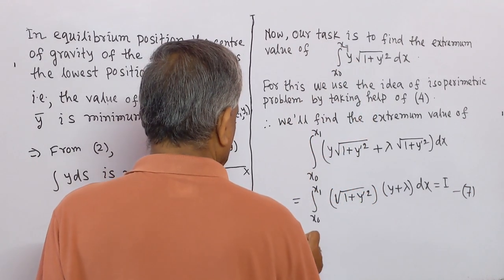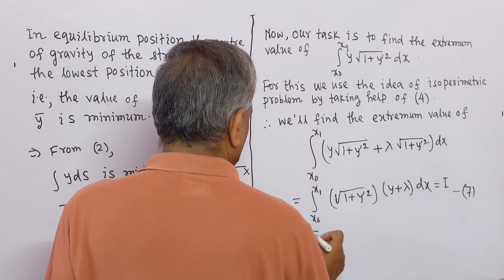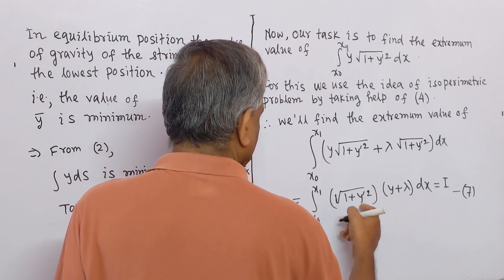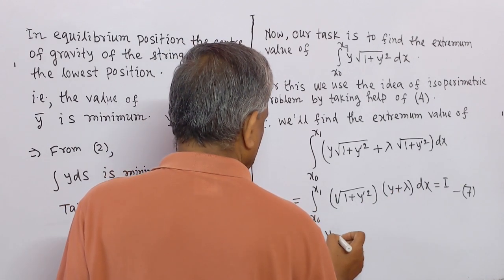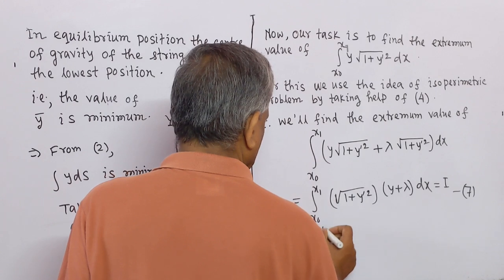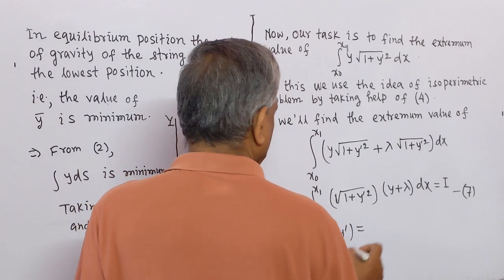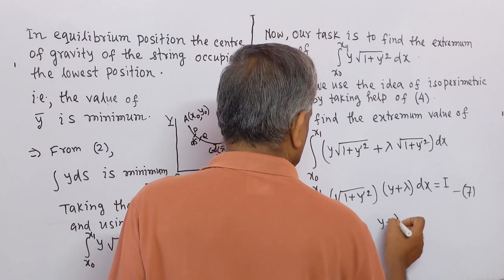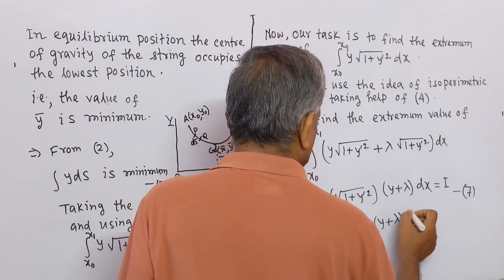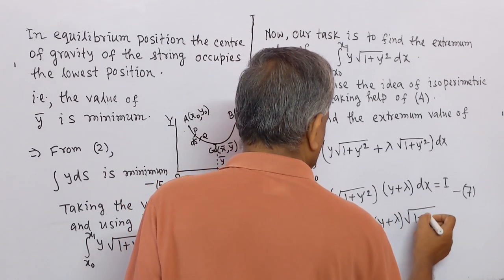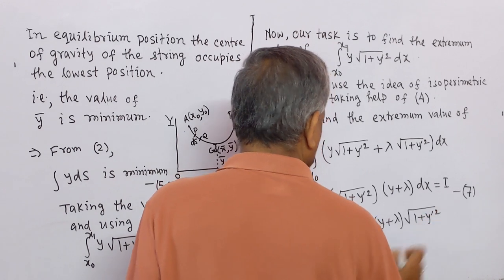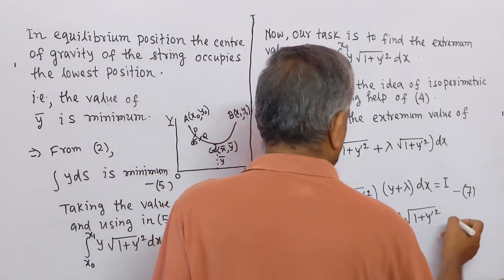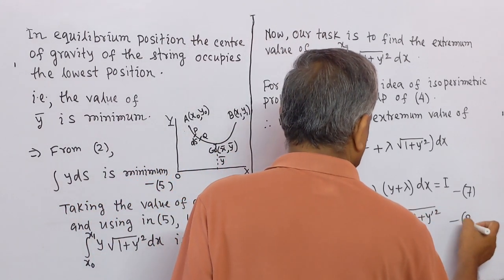Let function of y and y prime equal to y plus lambda multiply square root 1 plus y prime square. This is number 8.